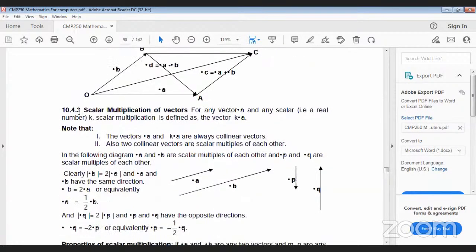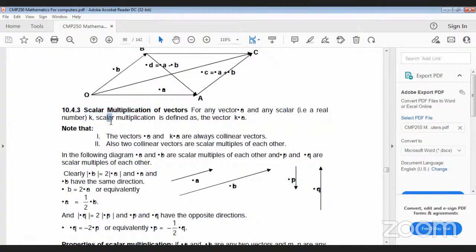After that, scalar multiplication of vectors. For any vector A, and see the difference between scalar multiplication and the other multiplication: the magnitude is not taken in scalar multiplication, a k is introduced. K means what?